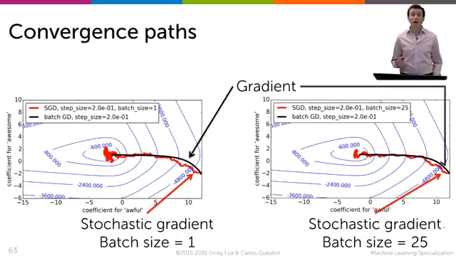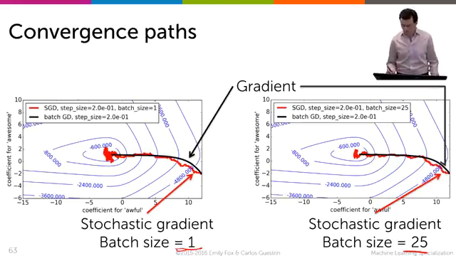Here I'm showing the convergence paths on the same problem we've been looking at, but comparing batch size of 1 with batch size of 25. And here you observe two things. First, the batch size of 25 makes the convergence path smoother, which is a good thing.